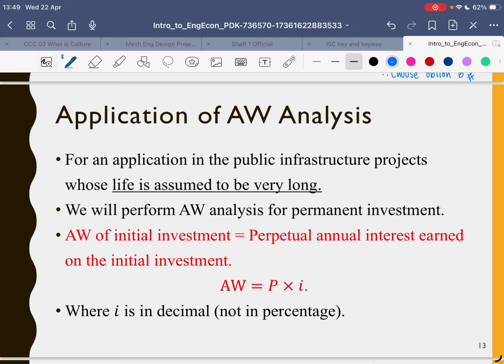The annual worth is much easier, I would say, because you know that P is equal to A multiplied with 1 plus I to the power of n minus 1 divided by I times 1 plus I to the power of n, right? Let me write down.